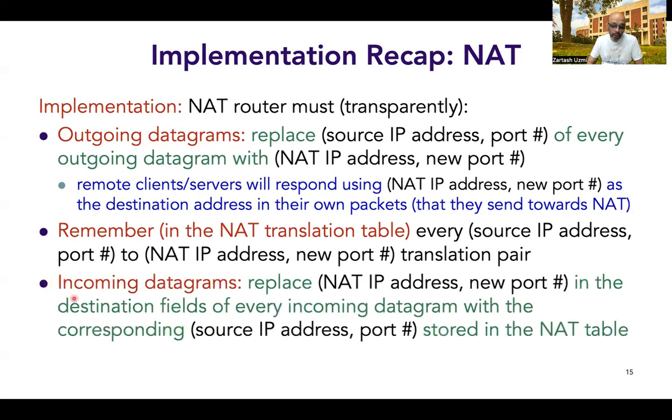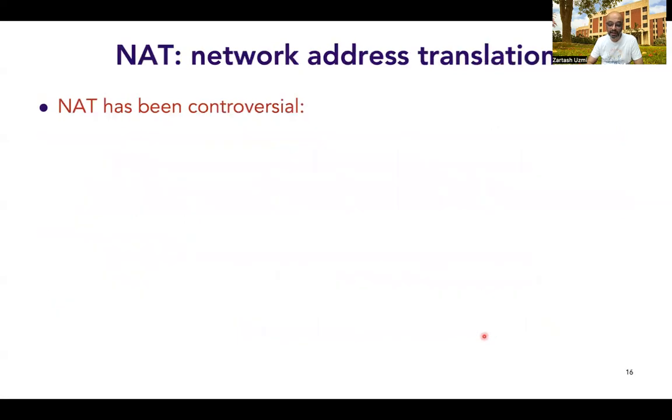And for an incoming datagram which a remote guy has sent, it should replace the NAT IP address and the new port number by looking into the NAT translation table, with the source IP address and the port number stored in the NAT table.